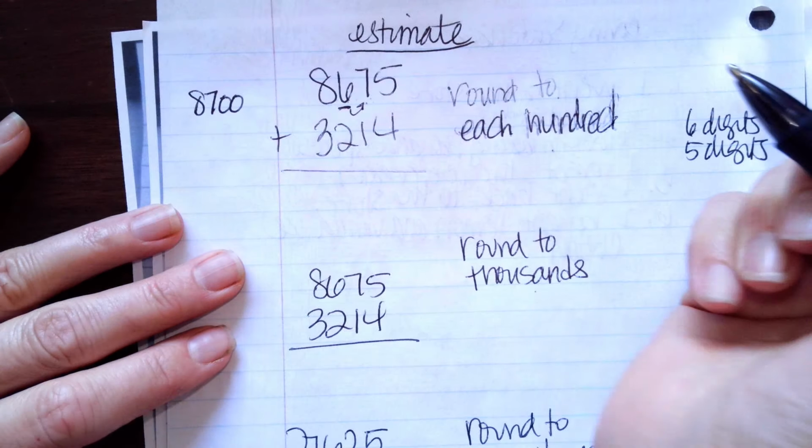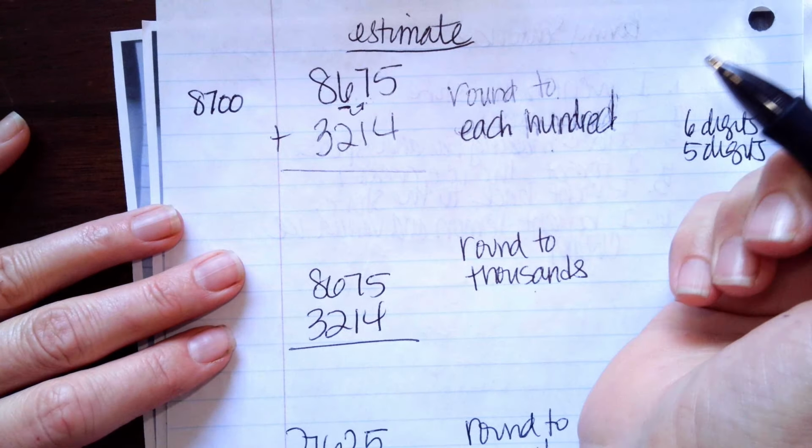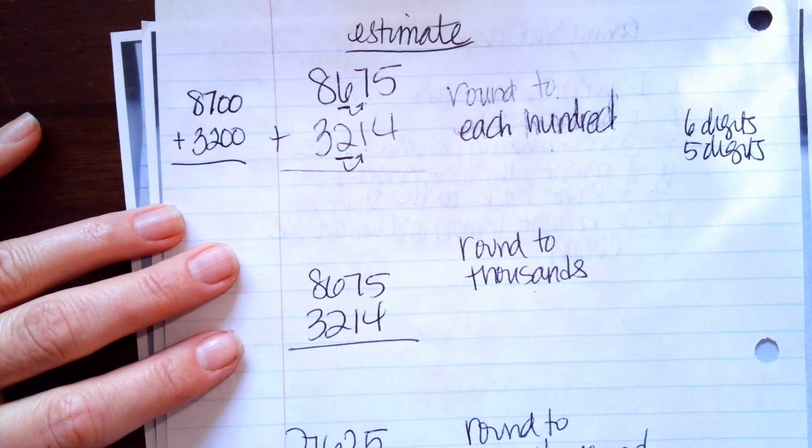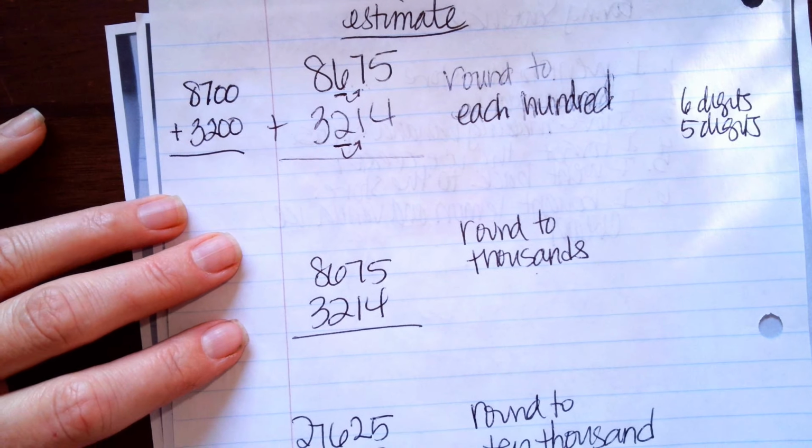Now for 3,214, I'm going to underline my hundreds, go to the right, and say 5 or more, let it soar, 4 or less, let it rest. This is less, so this number stays the same, so it's 3,200.